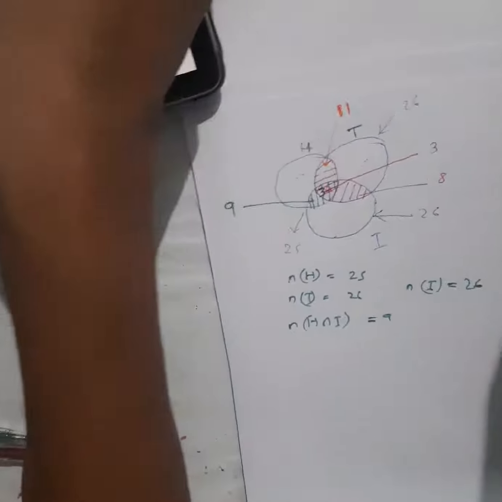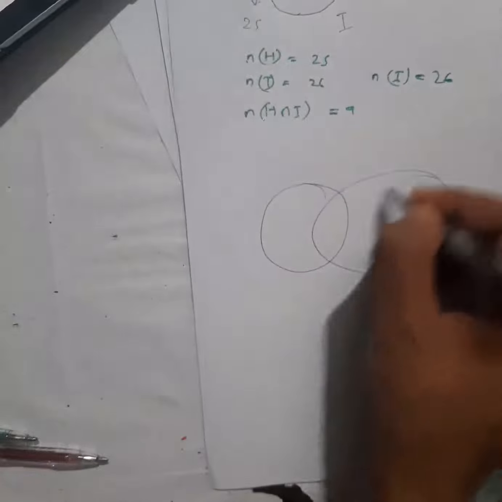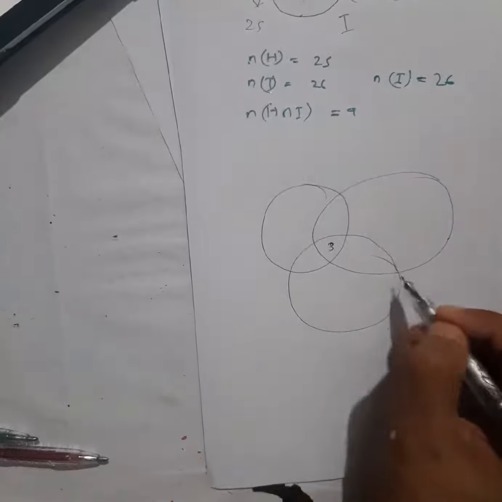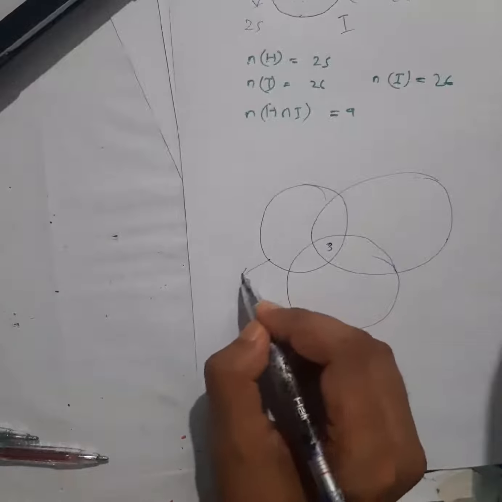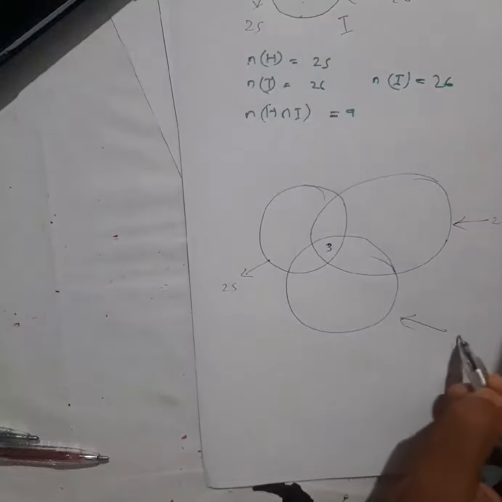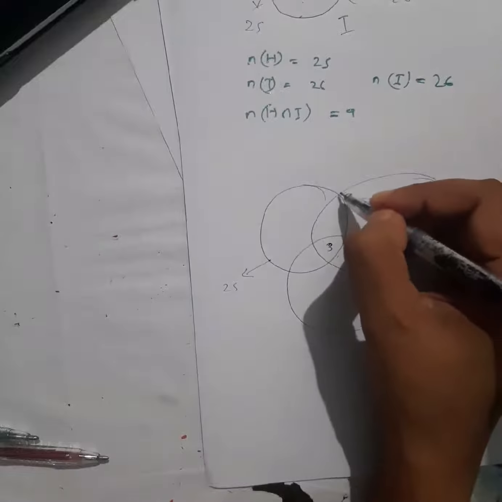Now let's see what they have asked you to find out. So this is your Venn diagram. Okay. So let me draw a little clearer one. So these are 3 people. Okay, I will just separate it out. This is 25, 26, 26. Okay. So here in total it is 11.